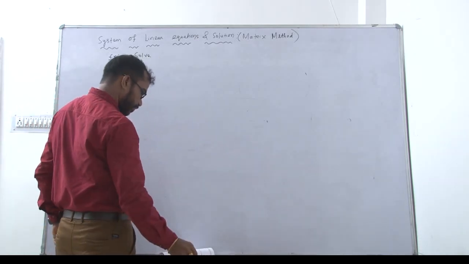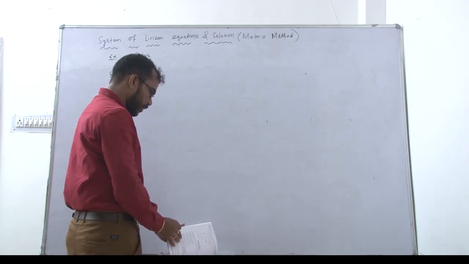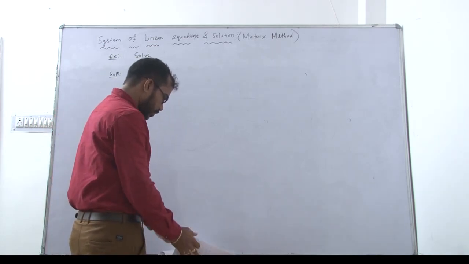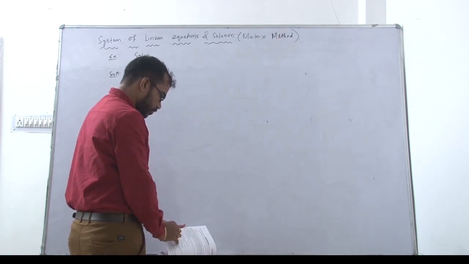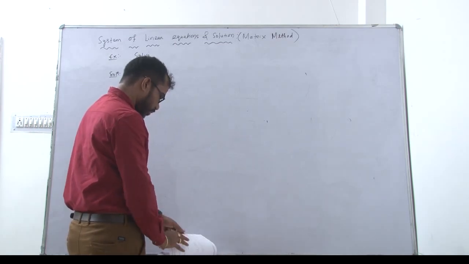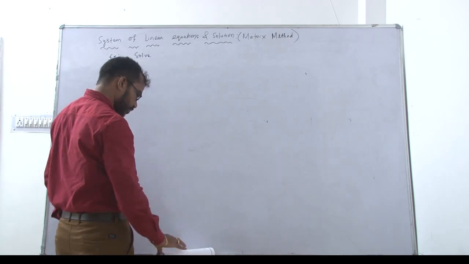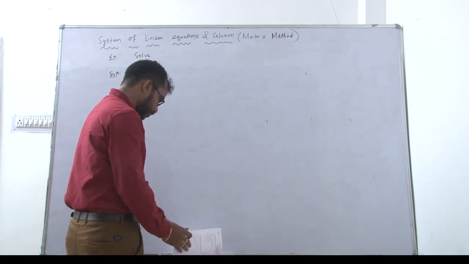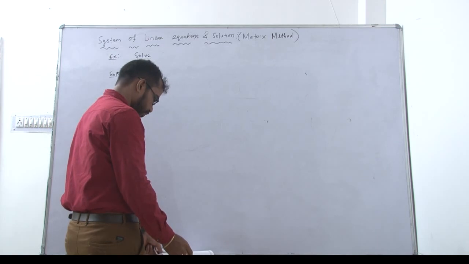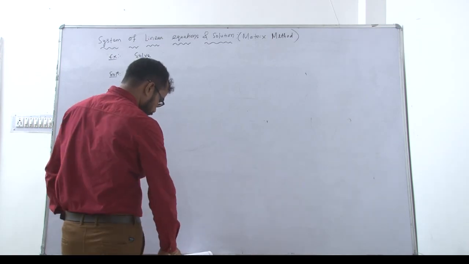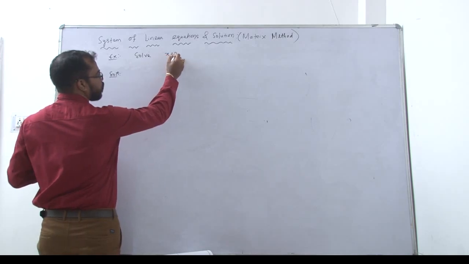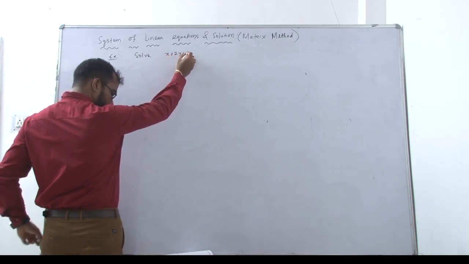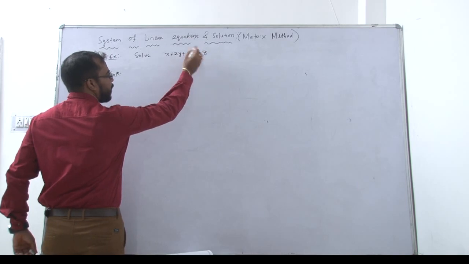Solve this system by matrix method. Suppose x plus 2y plus 3z is equal to 8.